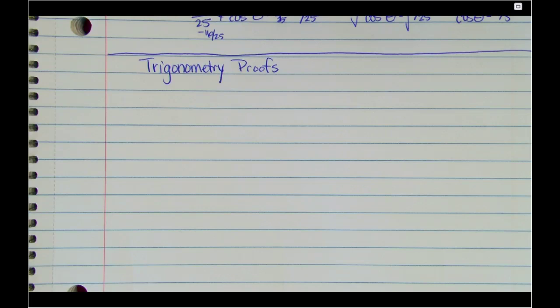Don't write this down, but a geometry proof would look something like this, where it would list the rules for why. So this might say, triangle ABC is isosceles, and BD is a perpendicular bisector. And then you might be asked to prove that AD is congruent to DC.